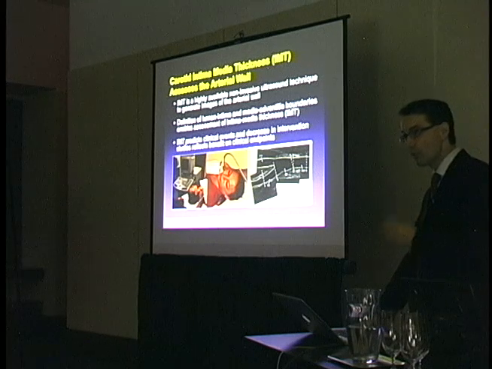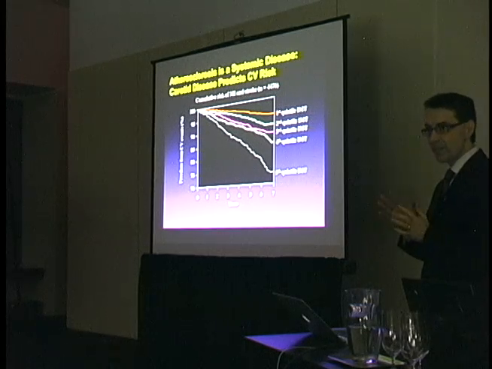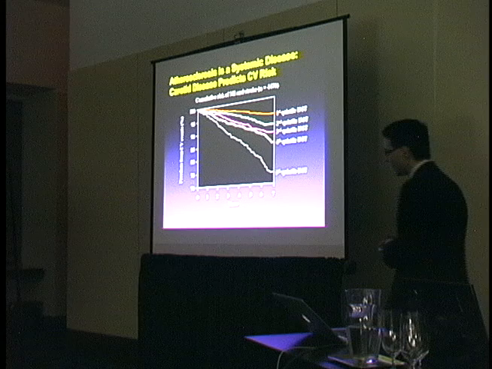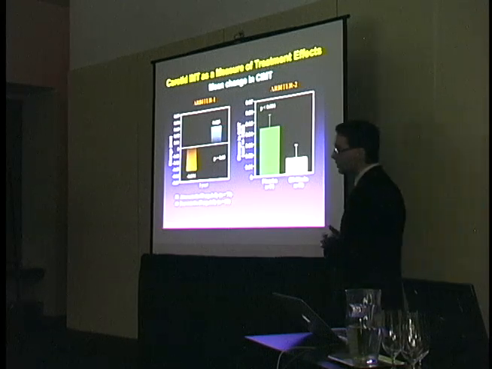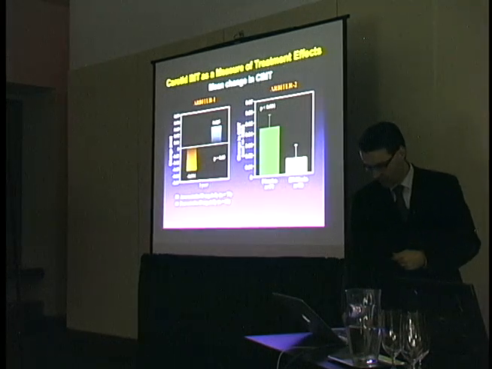We know that this is a robust technique, both in terms of the epidemiology, and she's shown you all the studies, but IMT does predict future outcomes, both in the coronary circulation, MIs, as well as in the carotid circulation, strokes. And it has been used to test pharmacological interventions. The reason I'm showing this intervention is going to be obvious in 5 minutes. IMT has been used to test HDL-raising drugs. I'll come back to that in a minute.